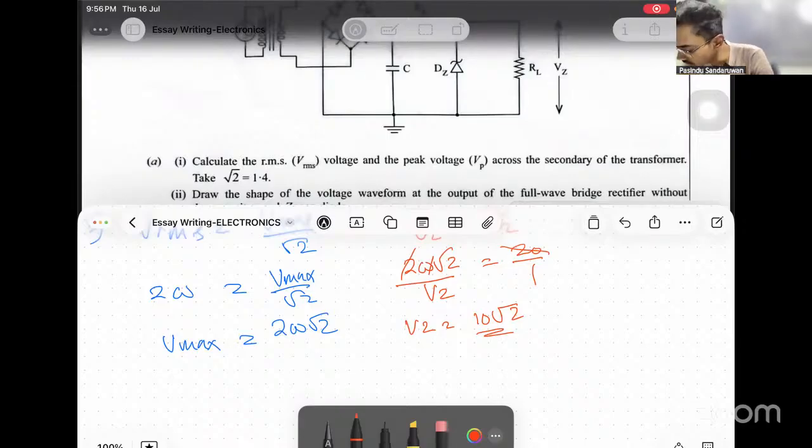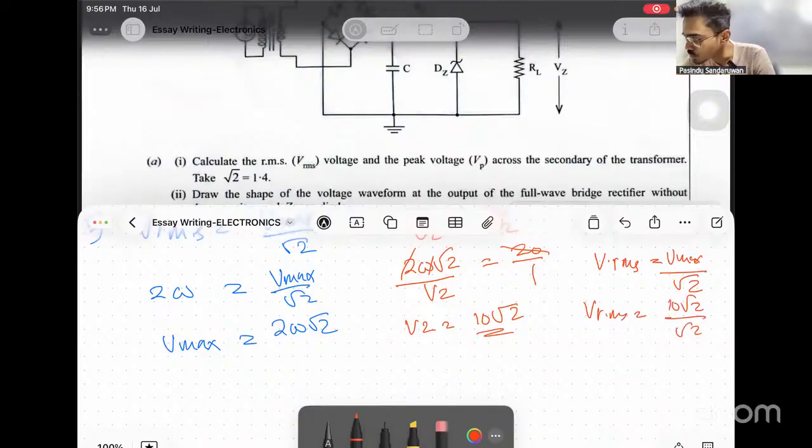Now we need the RMS value at the secondary coil. Again, VRMS equals Vmax over root 2. Vmax for the secondary coil is 10 root 2, over root 2. Root 2 cancels, so VRMS equals 10 volts. Final answer: 10 volts.